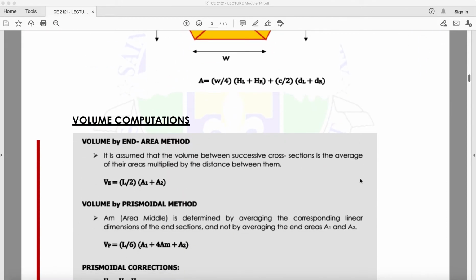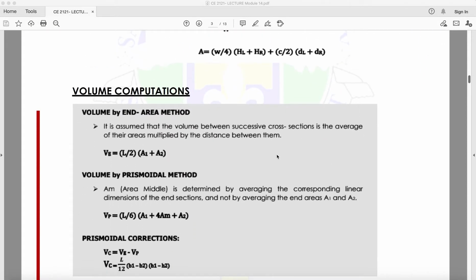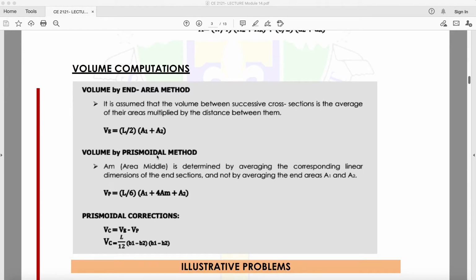Now for volume computation, we have the end area method and the prismoidal method, and if we use the prismoidal method, we will have a correction. If we use the end area method, it is assumed that the volume between successive cross-sections is the average of their areas multiplied by the distance between them.